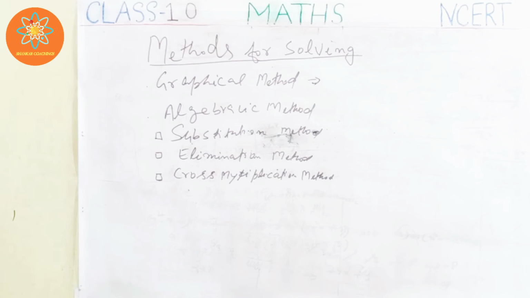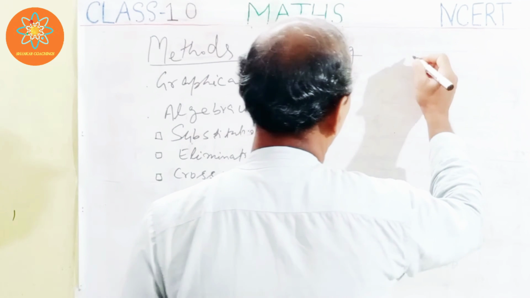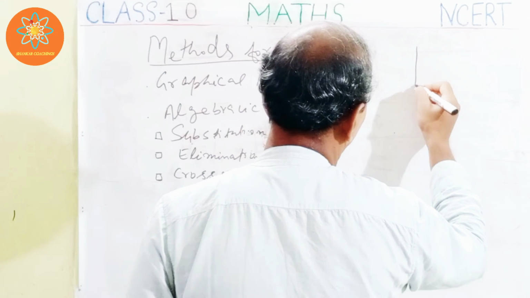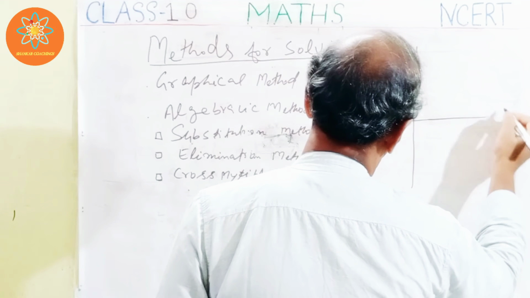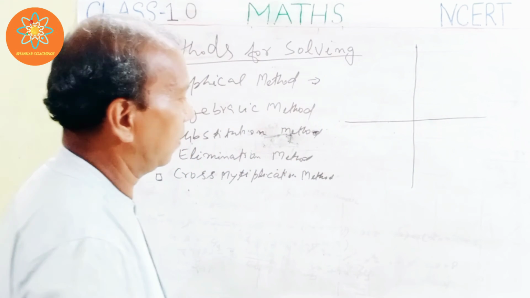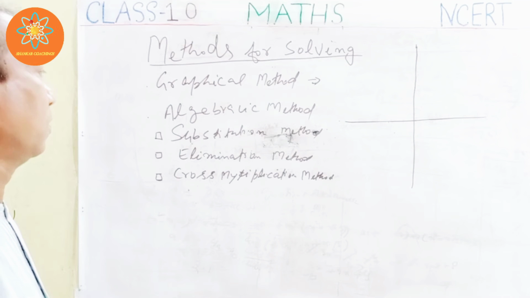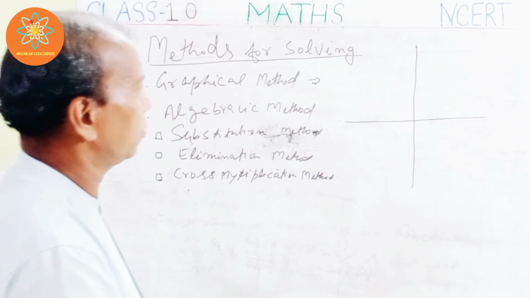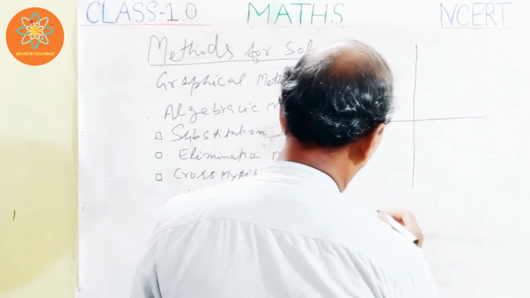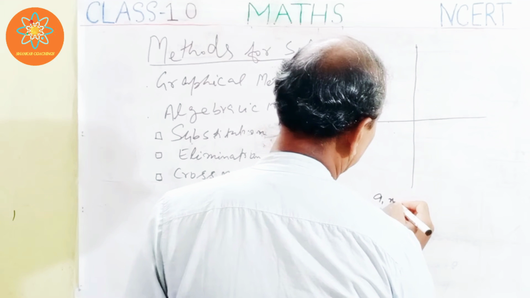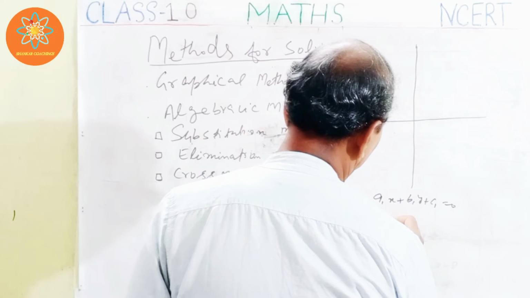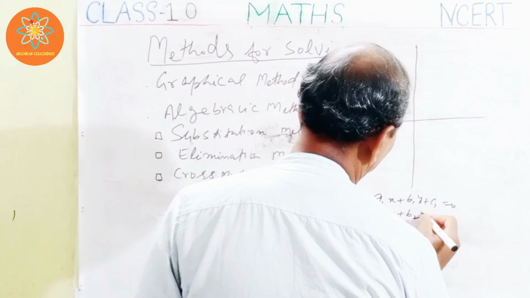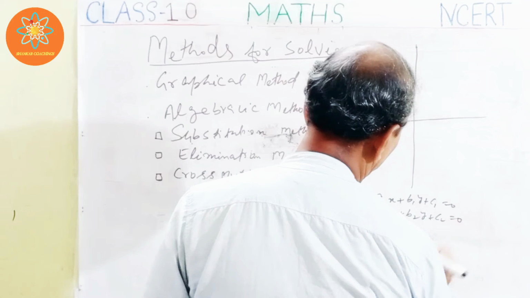In the graphical method, I will take one graph paper. On the graph paper, I will plot both linear equations, that is a1x plus b1y plus c1 is equal to 0, and a2x plus b2y plus c2 is equal to 0.